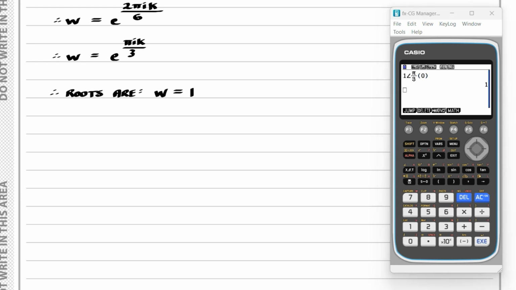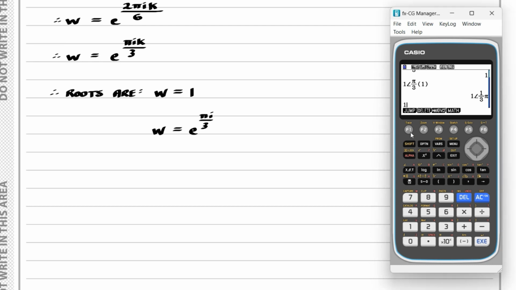So my first root is 1. The next one, I've got 1 as my modulus, and then my argument will be given by pi over 3 multiplied by 1. So I have e to the pi i over 3.